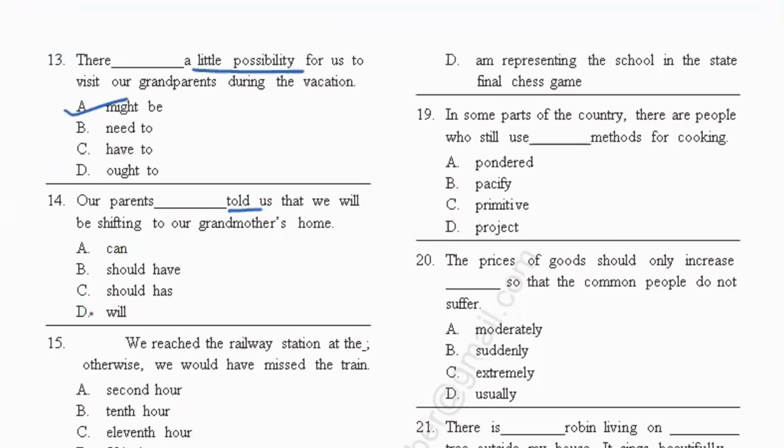Okay, so can and will should be followed with a base form of verb. But here we are given a past tense form of verb. So it should have told us that we will be shifting to our grandmother's home. So it's option B.